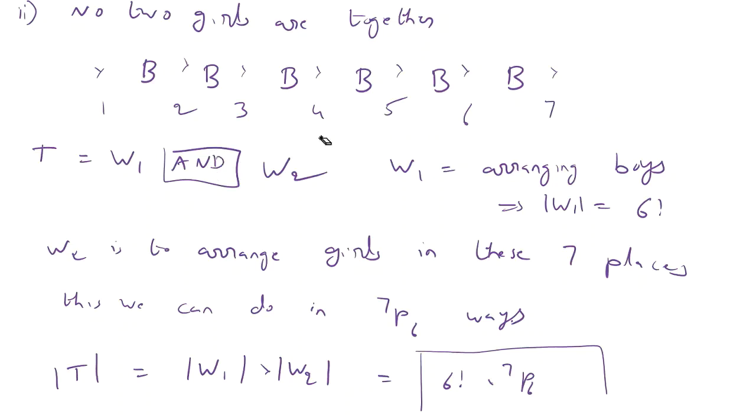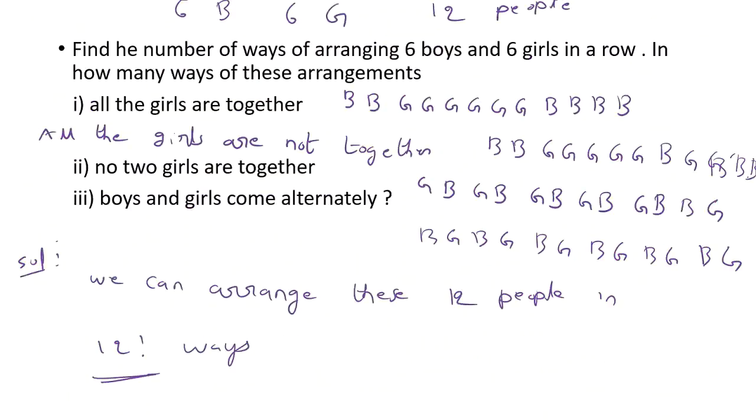We can fill these girls in these 7 different positions so that no two girls are placed side by side. So these boys can be arranged in 6 factorial ways and these girls can be arranged in 7P6 ways. Therefore, the total number of arrangements is equal to 6 factorial times 7P6. Now we have to address the last one.